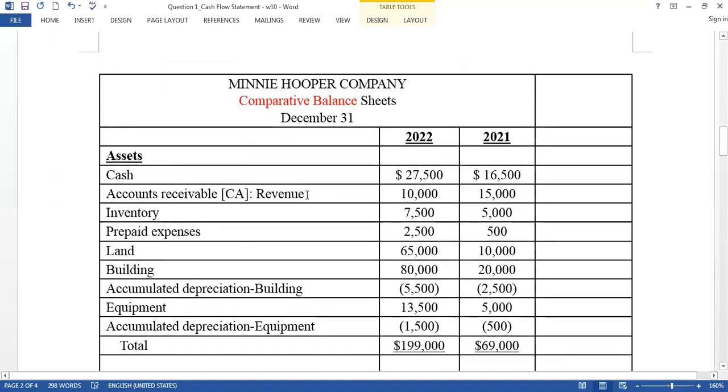Can you remember? Current assets are related with revenue, so it is operating activities. Now we have inventory. Inventory is also related with revenue, so it is operating activities.